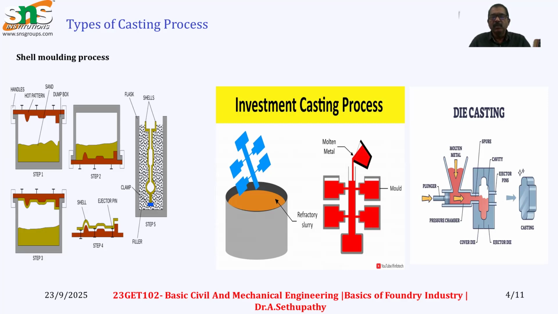Then the movable die moves backward, and the part stays stuck in the stationary die. We eject the casting through pins already provided in the dies. This is mostly used for automobile covers, engine covers, small accessories, and lightweight parts. This is mostly used in the casting process in foundries.